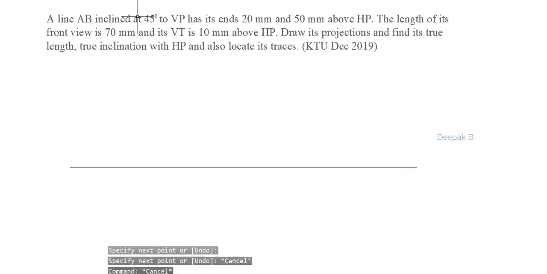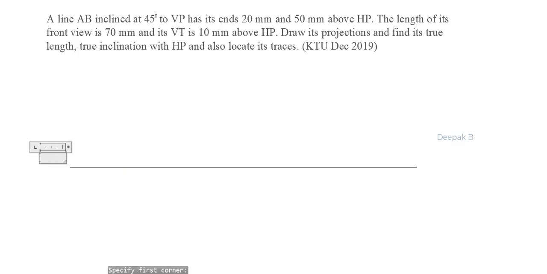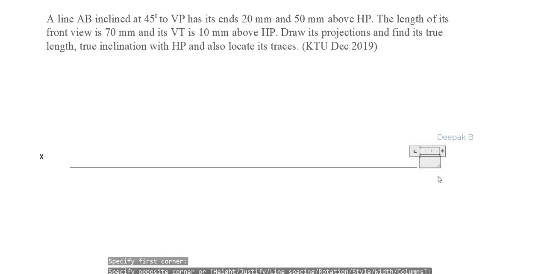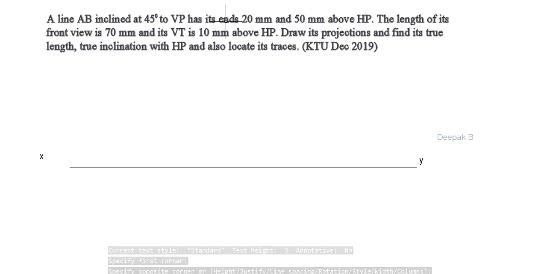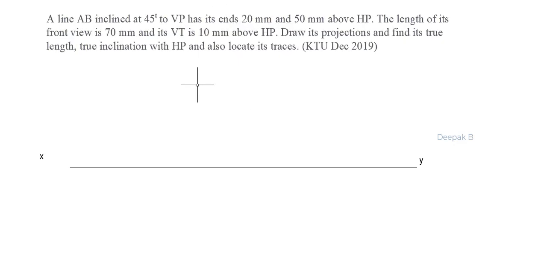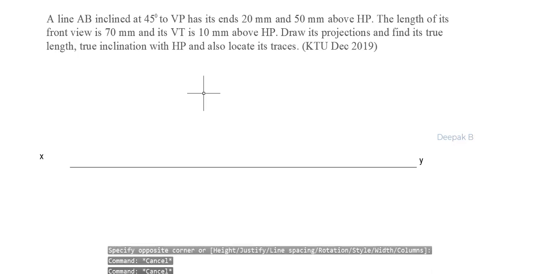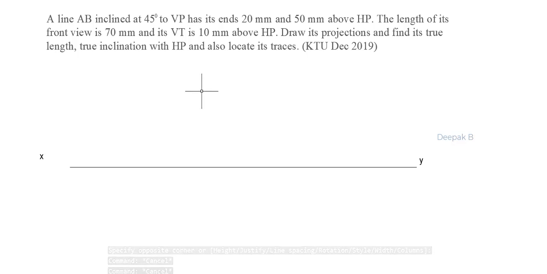Let's draw the XY line. Okay, so let's first mark the reference lines so that we can locate the point A. So it says that the location of A, for example, is 20 millimeter above XY line or above HP, and the location of B is 50 millimeter above HP.